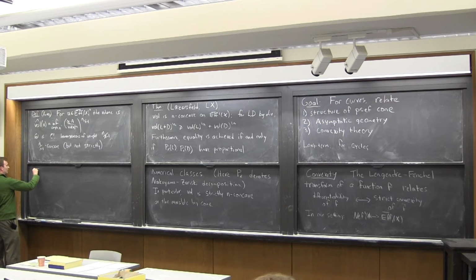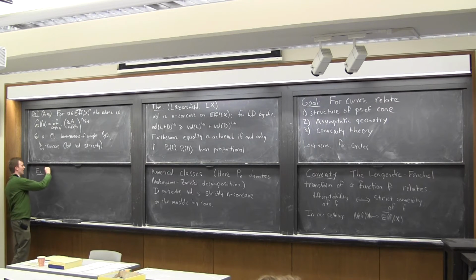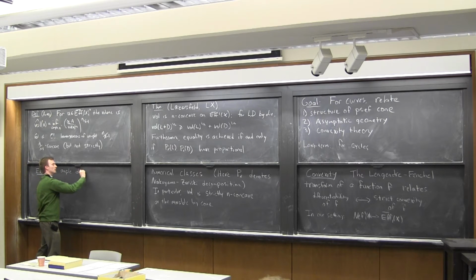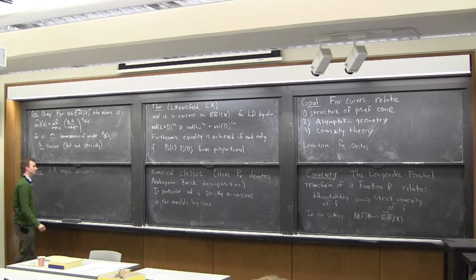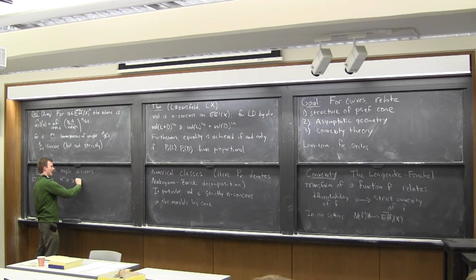Let's start off by looking at a couple basic examples. Let's suppose that H and A are ample divisors. Then the Khovanskii-Teissier inequalities tell you that H^(n-1) · A is at least as large as (H^n)^((n-1)/n) times (A^n)^(1/n).